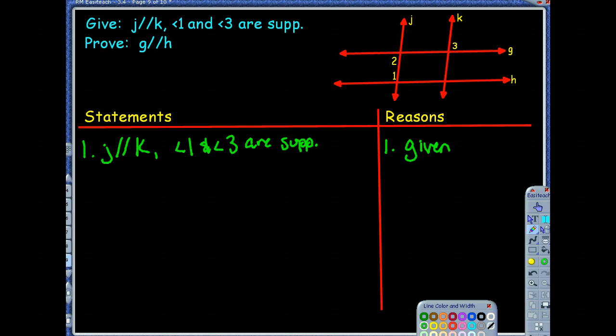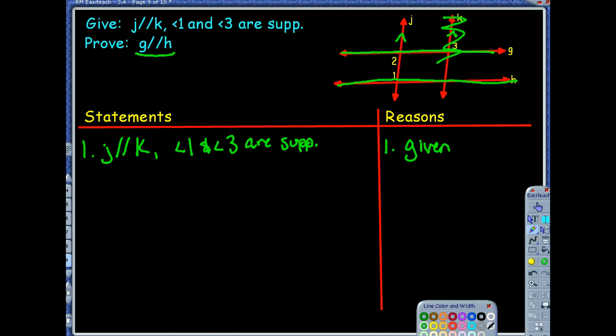Well, we can mark the parallel. When you see 4 different lines going on, I see that we're trying to prove G and H are parallel. So I'm going to look backwards again. If I just look at lines G and H, that's where I'm trying to go. I notice that there are 2 transversals, but line J is really the only transversal that's going to help us.